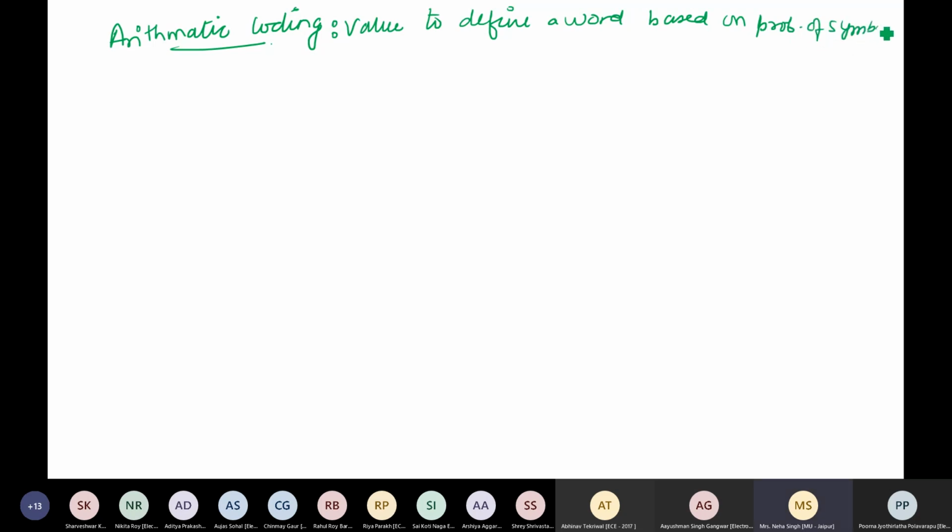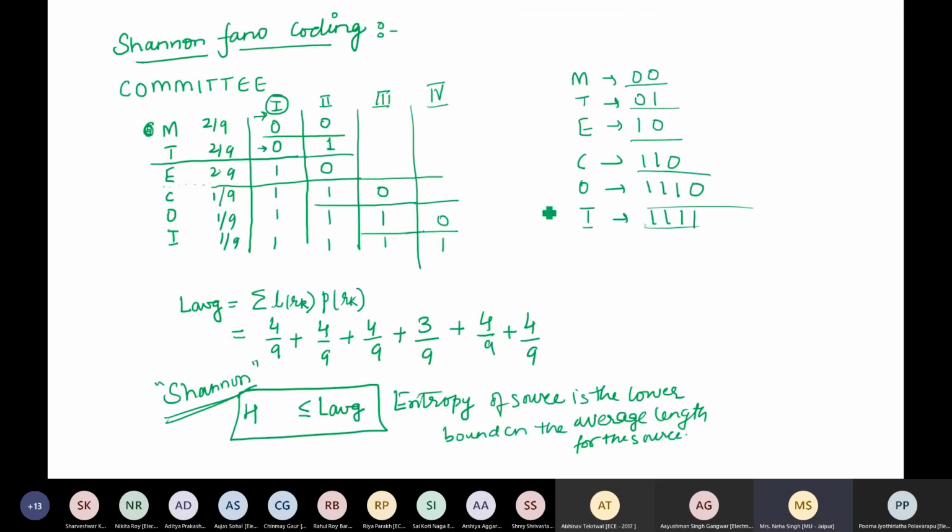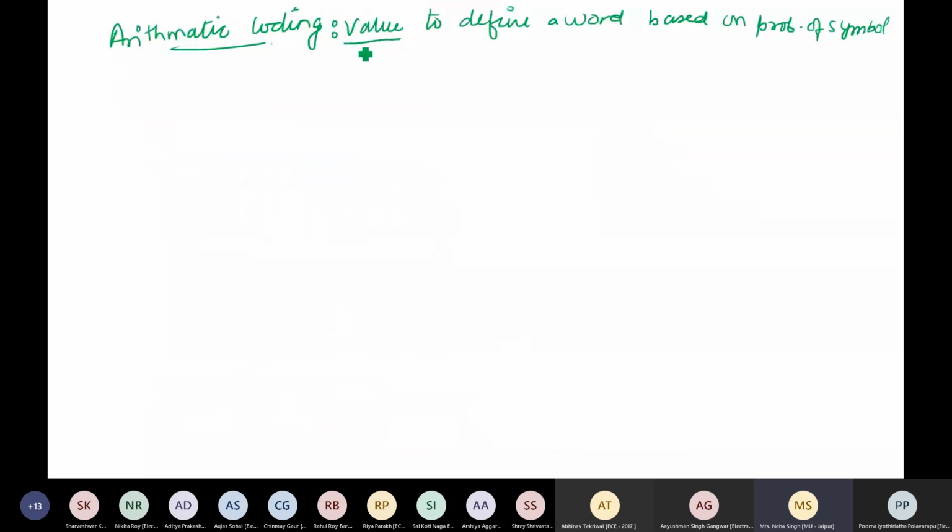So now instead of sending out a number of bits for each symbol, like 10 for E, I will send a typical value which will be representing the entire word, committee. So multiple bits need not be sent, but I will send a particular value which I will call a tag. So arithmetic coding uses these tags, which will be generated for each word based on the symbol probability. Let's take up an example.